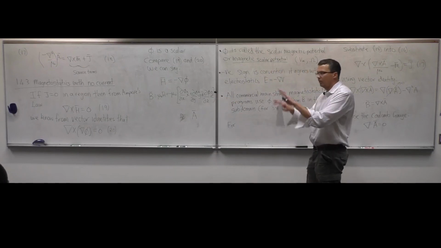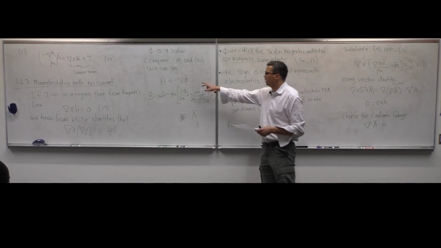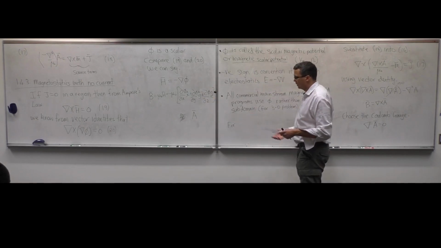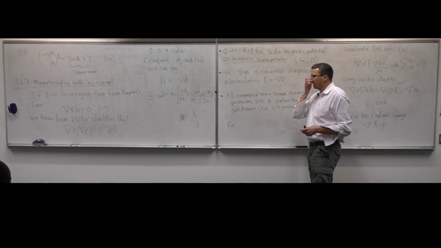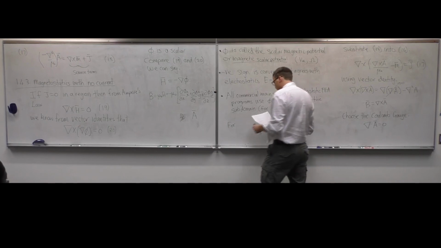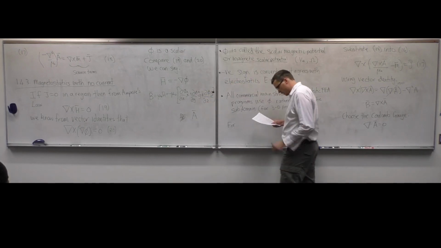So the whole problem can be in terms of AZ. There's no real benefit using the scalar potential. Scalar potential only has one term. AZ only has one term. So in 2D problems, AZ is generally used. So the magnetic scalar potential is really useful for 3D problems.